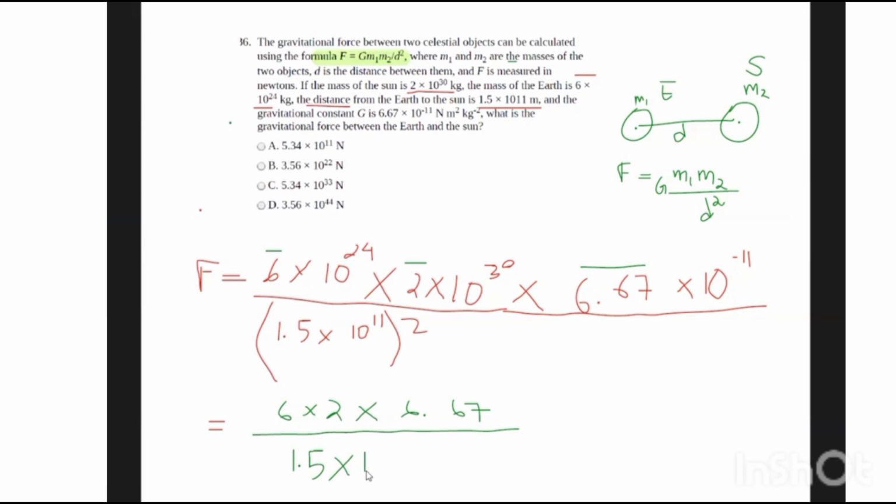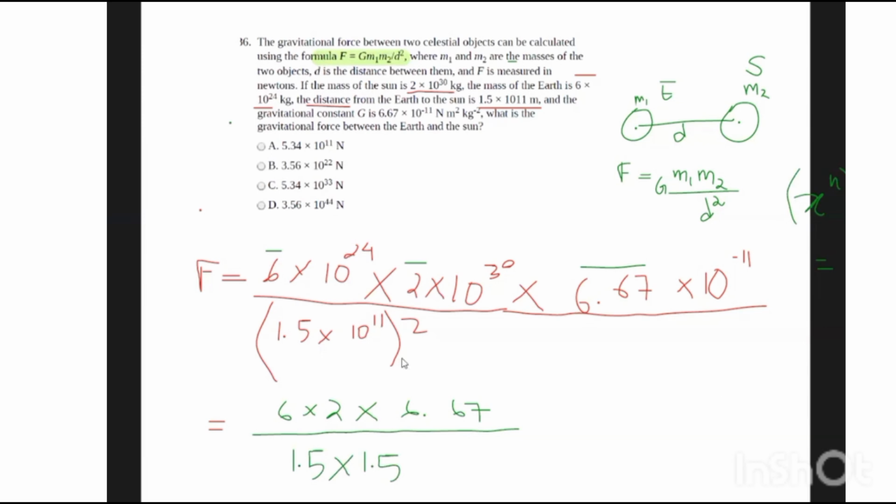That's possible, right? So we can write 1.5 times 1.5 and there's 10 to the power 11 and then square is there. So there was one law of exponent which says that if you have x to the power n and then there's one more power on top of x, then it becomes x to the power n times m. So n times m you do.